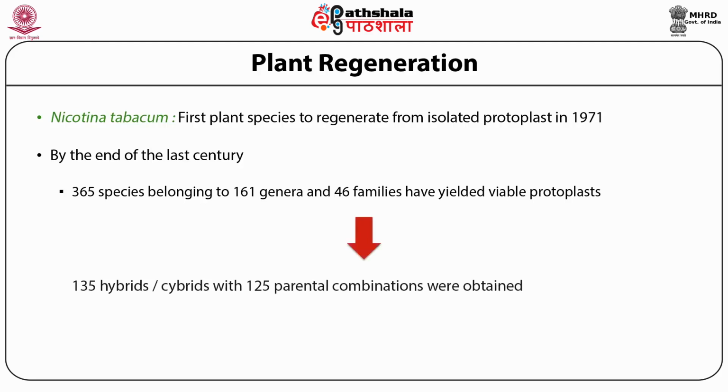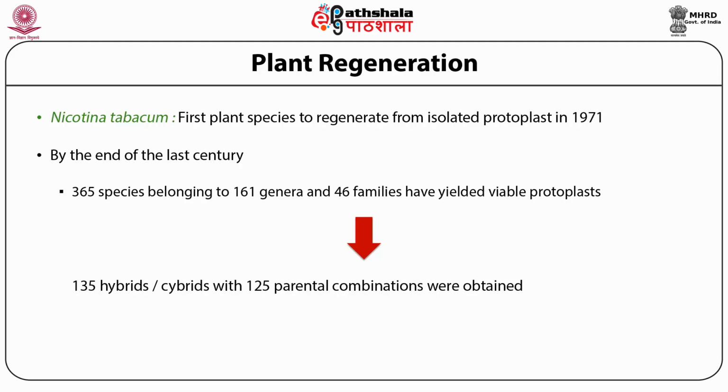We have 135 hybrids/cybrids with 125 different parental combinations. This shows you that it is not restricted to one genus. There is a large number of species from which we have been successful to date, and there will be many more where we don't have methods today, but with more research we can get protoplasts as well as viable hybrids.